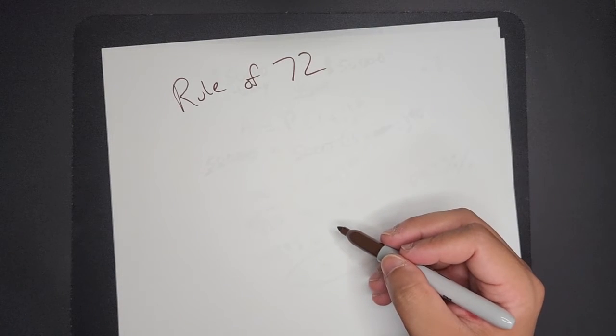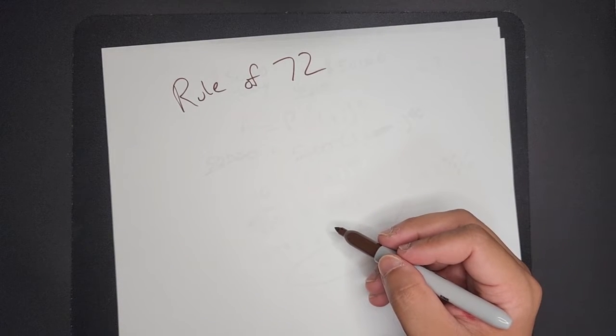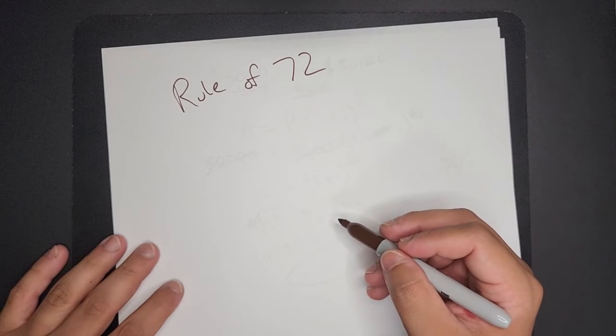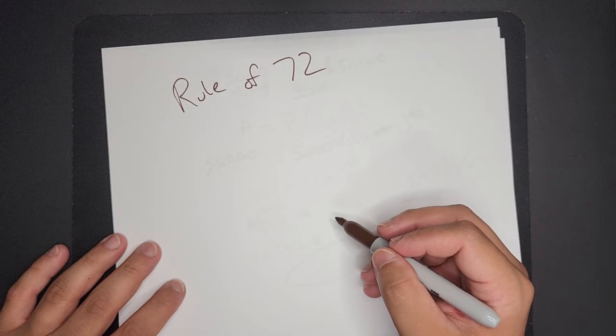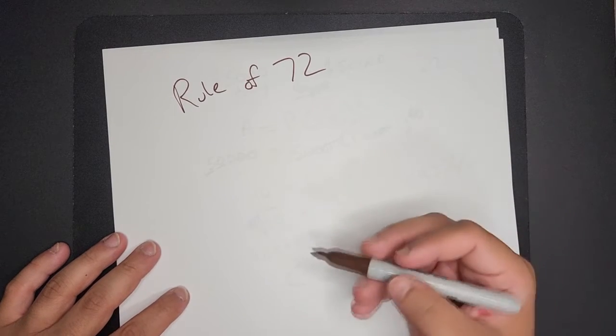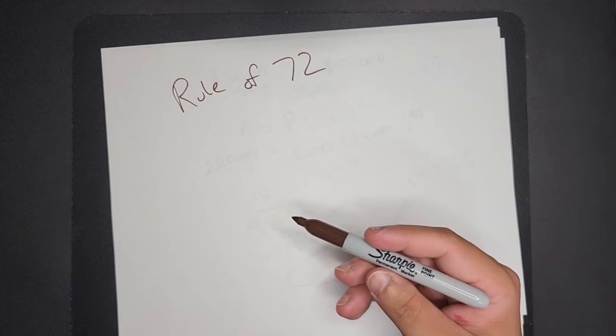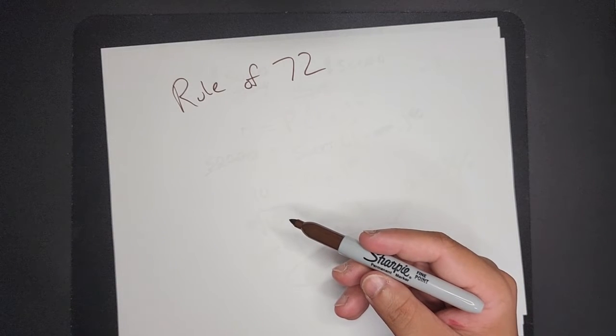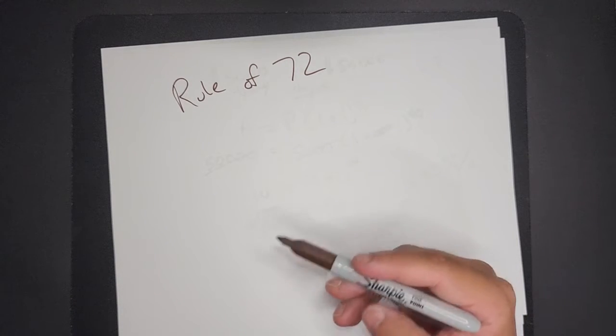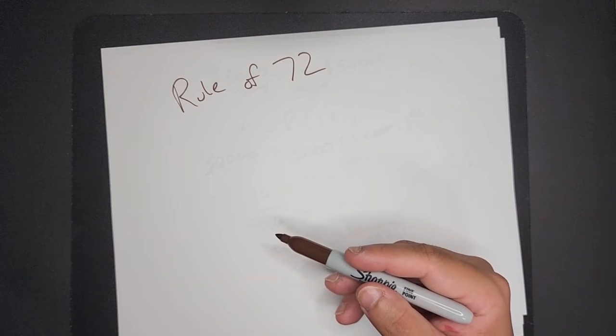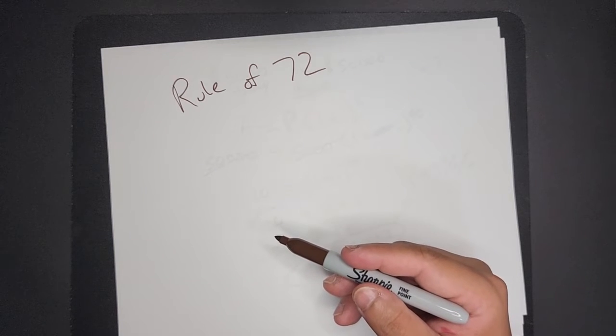The rule of 72, maybe you've heard of it, maybe you haven't. Basically, if you don't have a calculator, this is something banks, investors, even regular people have used to approximate calculations involving compound interest.